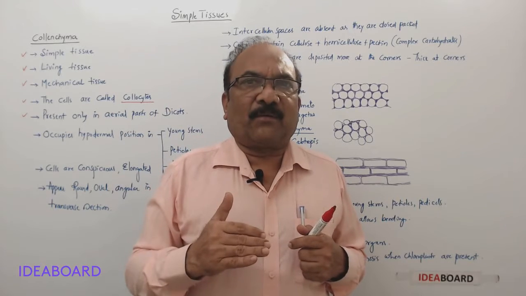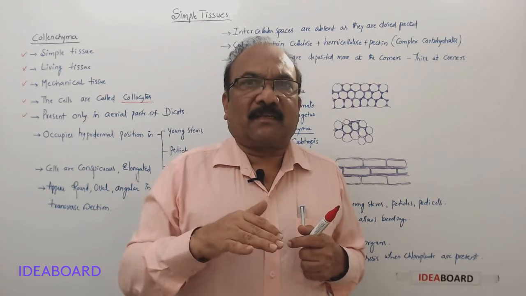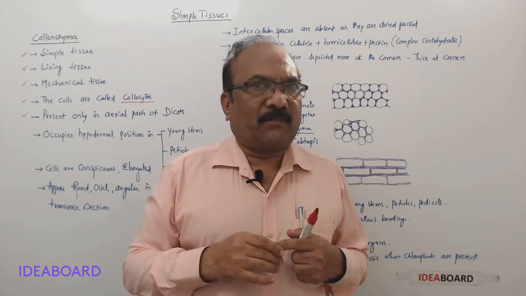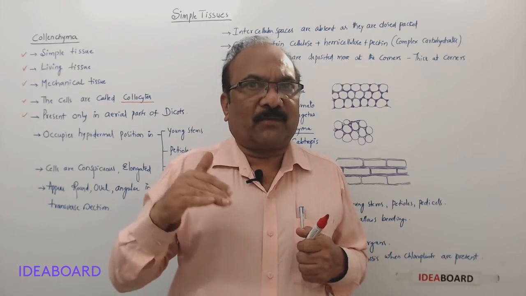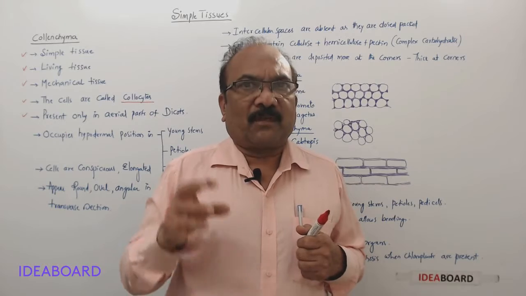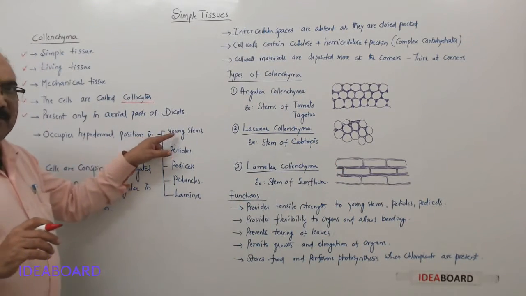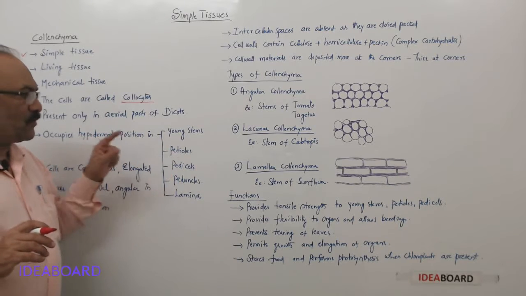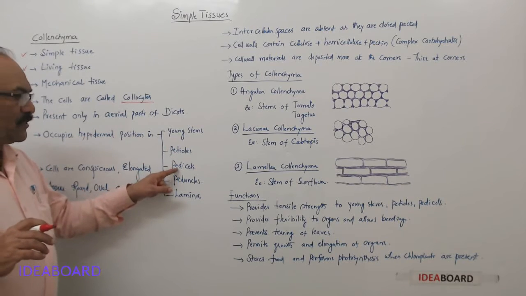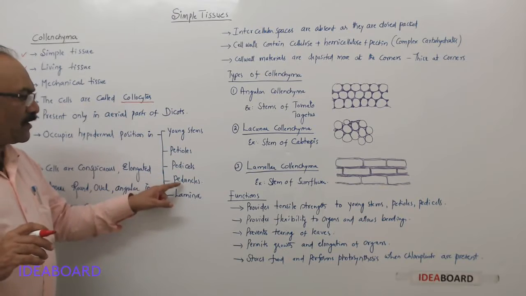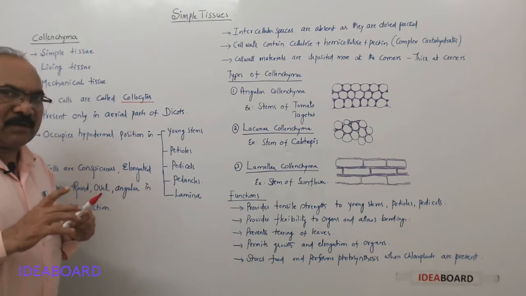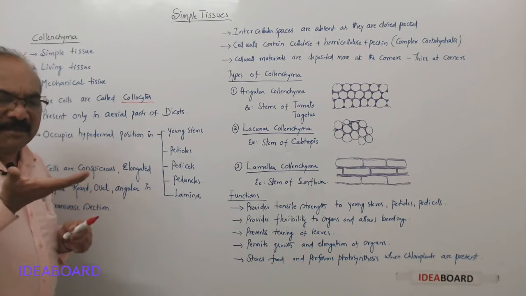Hypo means below, dermis means skin. The skin is already epidermis, so the one present below the epidermis is called hypodermis. So it is present in the hypodermis of young stems, petioles, pedicels, peduncles, and even in the lamina.